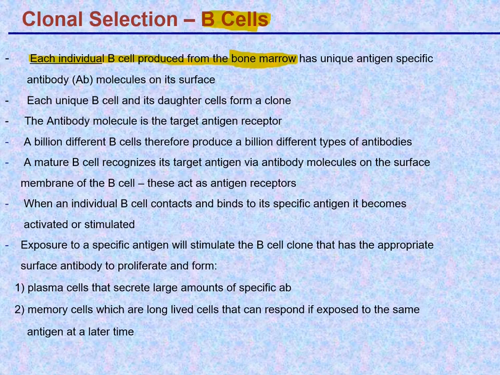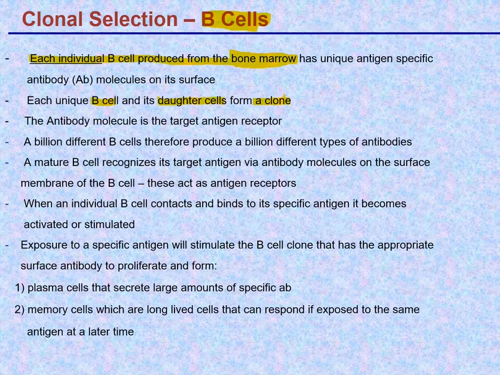If it binds to its target antigen, it gets activated, starts to proliferate. The cells replicate, they divide and divide, and start producing antibody. So each unique B cell and any of its daughter cells together form a single clone. They're all identical to each other. And the receptor, of course, for the antigen is at the ends of the antibody molecule.